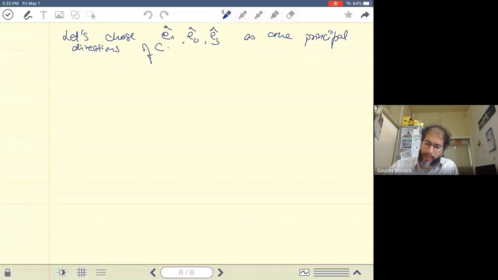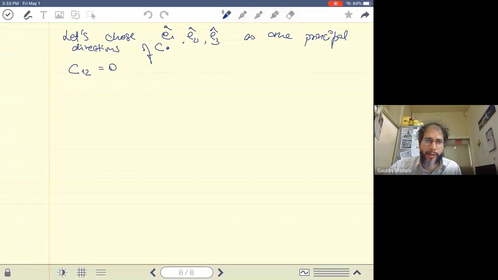So when we do that, we already know that a tensor in its principal directions, or a tensor transformed into its principal directions, is a diagonal tensor. So C12 will be 0, right?